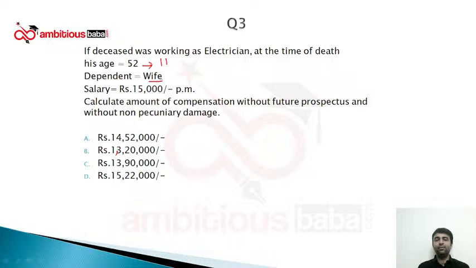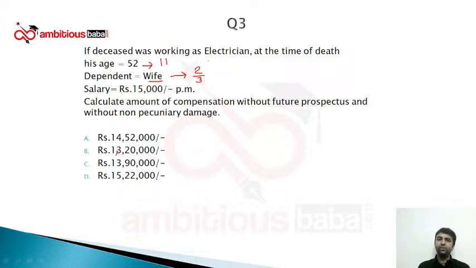Dependent is only one, wife. Dependent multiplier will be, only wife is dependent. Come to the lower part of the table, married and dependent 2 to 3. We take 1/3 for personal, and for dependent 2/3.